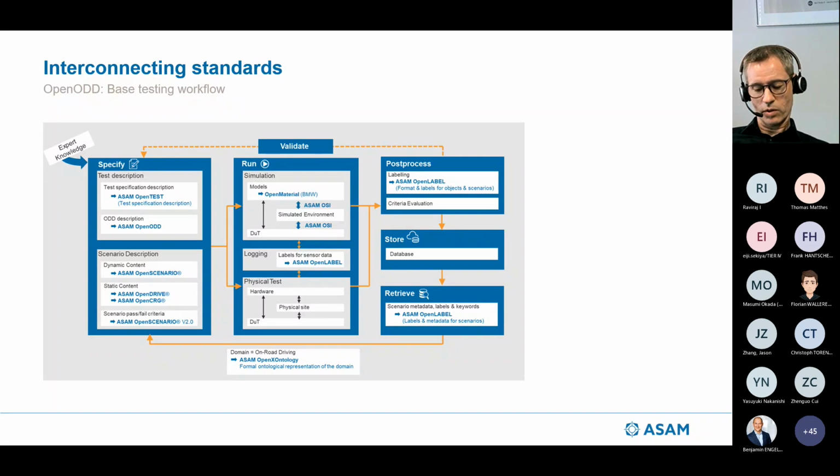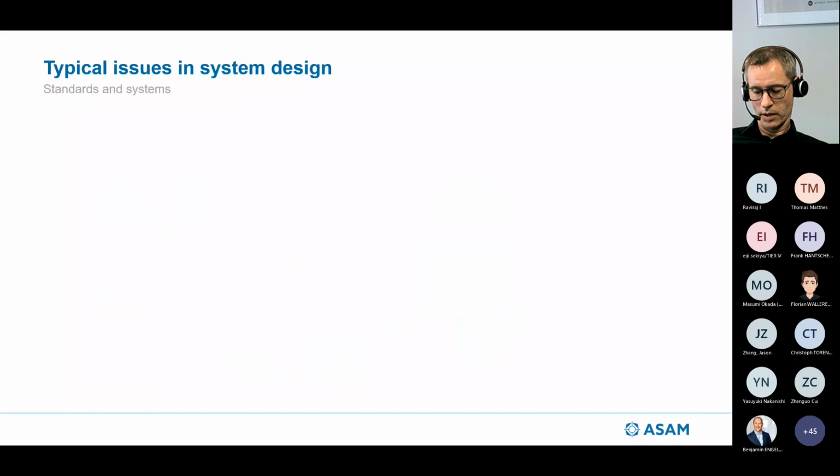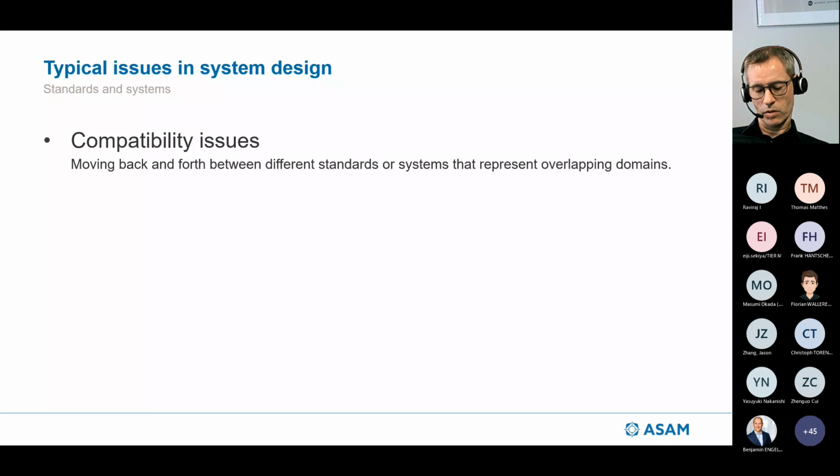And rather than giving you some kind of a solution on that, I just want to point out what issues we are usually faced with when dealing with different standards. So we have different standards and systems, so we often have compatibility issues.